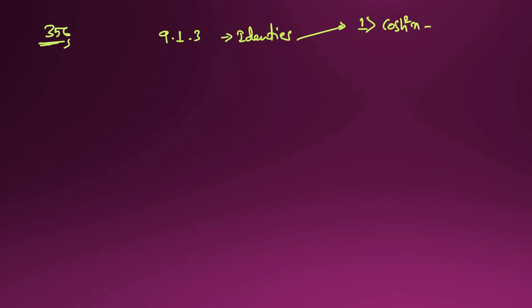Now on page number 356, you will find the identities, 9.1.3. The first identity is cosh square x minus sinh square x is equal to 1. You have to remember this while doing problems.